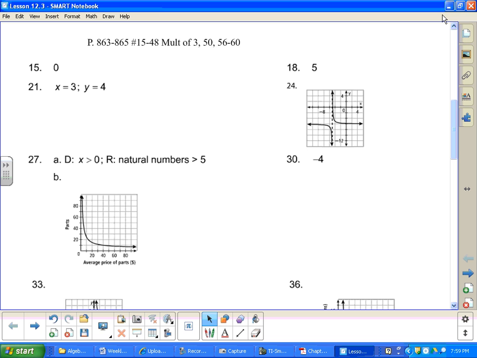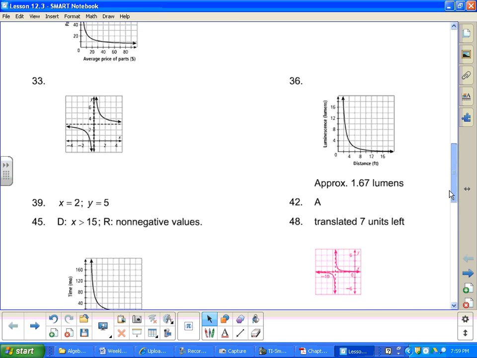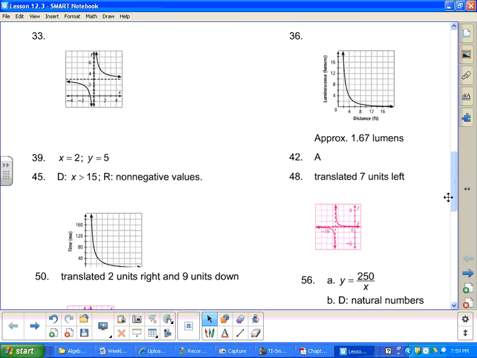All right, so there's through 30, and here's 33 to 48. Should get you through those.